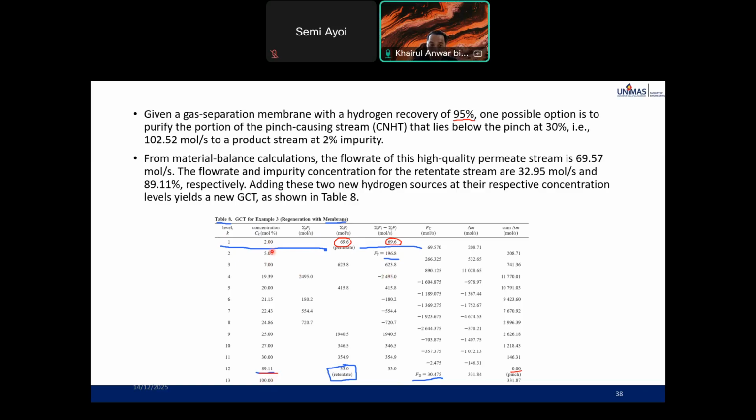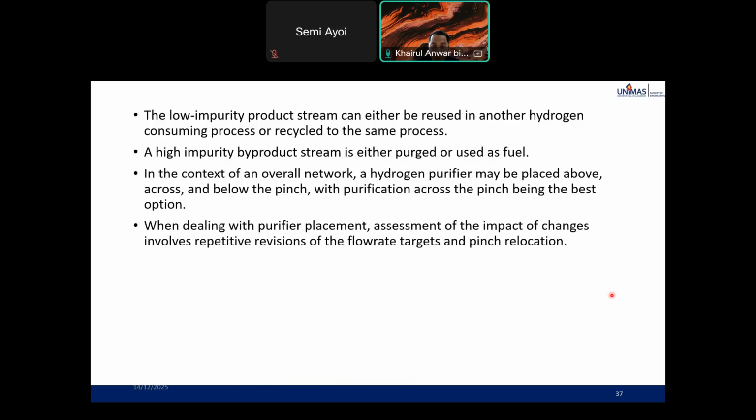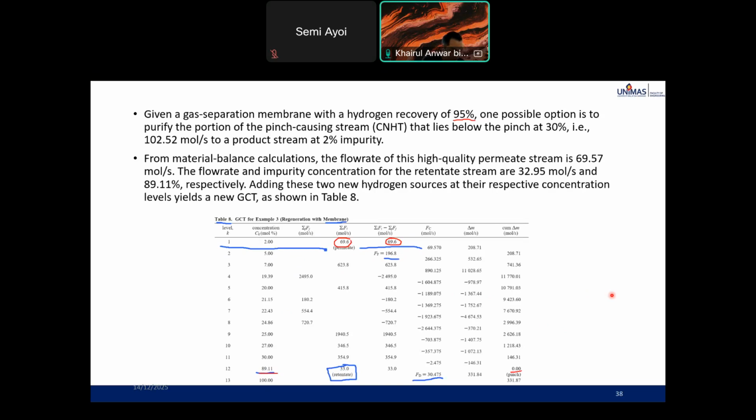But in this case, the 2% after the regeneration is higher than the FF itself. FF is at 196.8.